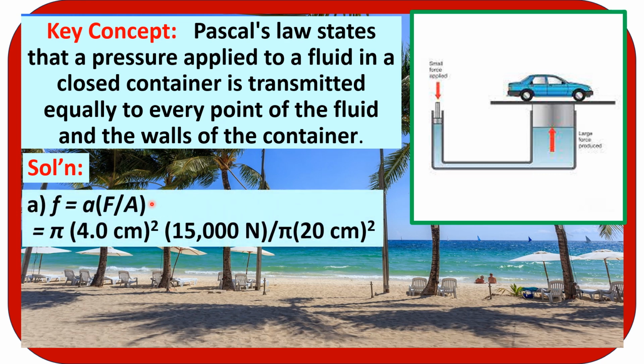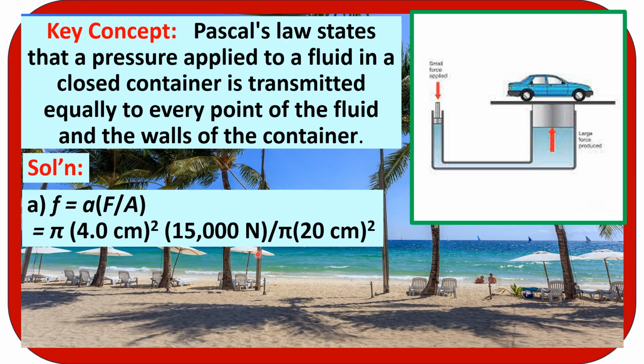So this force can just be determined by multiplying the area of the small piston, denoted by small letter a, and that will be multiplied to the amount of force capital F, which represents the load that the big piston will be lifting, and then divided by the area of the big piston capital A.